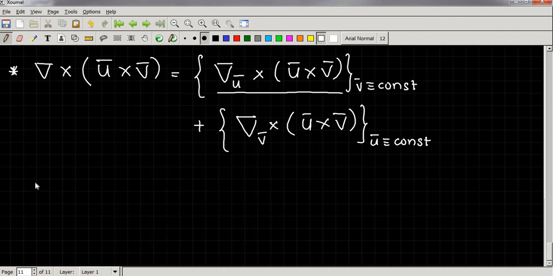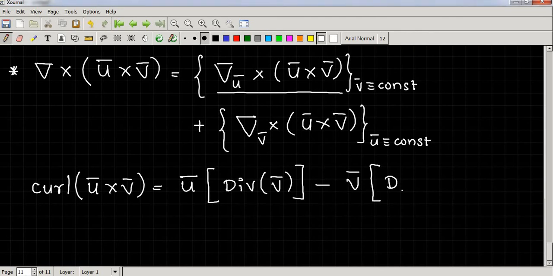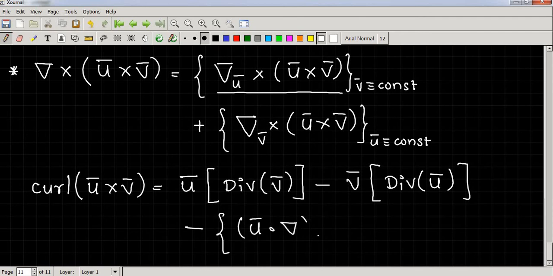In that case, our required value will be curl of u bar cross v bar is equal to u bar into divergence of v bar minus v bar into divergence of u bar, along with v bar dot del into u bar minus u bar dot del into v bar. So please go through these calculations. It is very good for your practice.